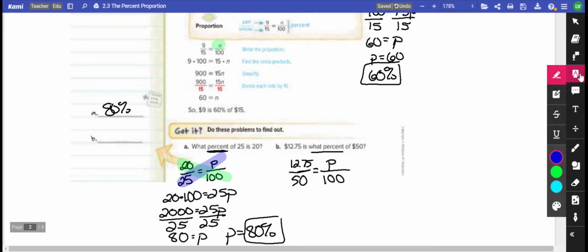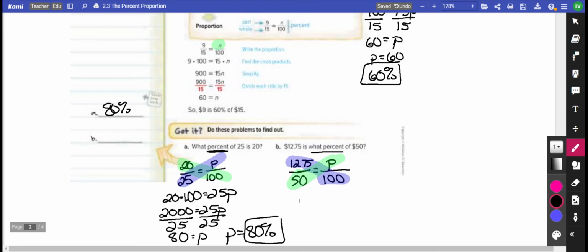And then I'm going to cross multiply. 1275 times 100 equals 50 times P. 1275 times 100 gives you 1,275, which equals 50P. I'm going to divide both sides by 50.